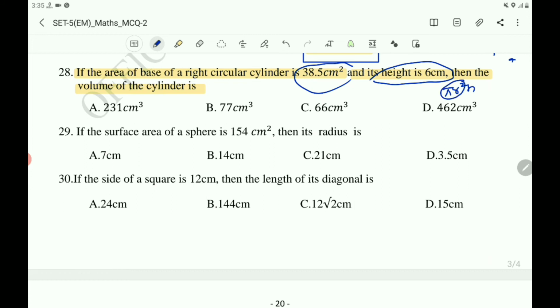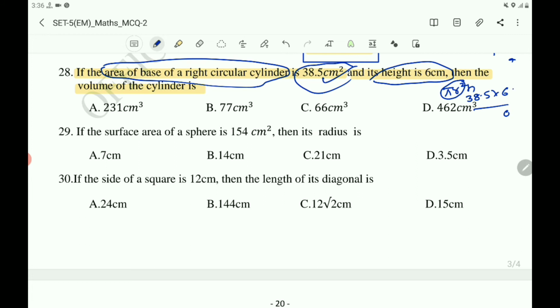Here pi r square is nothing but the area of the base, so you can have 38.5 into h, which is 6. Then you find the product of 38.5 into 6.